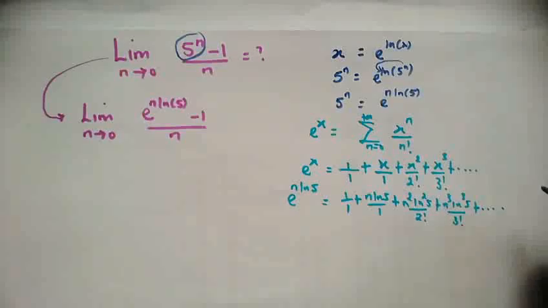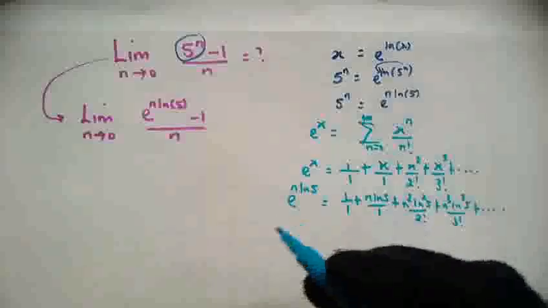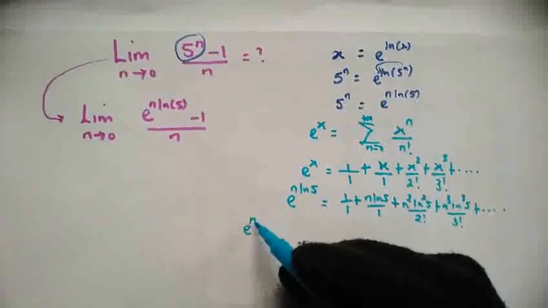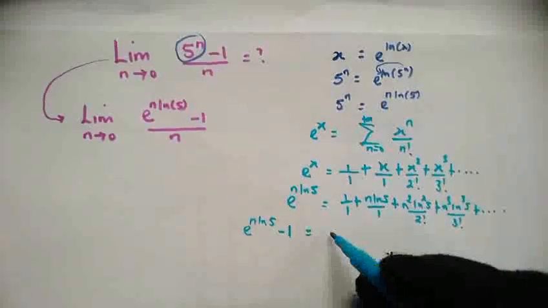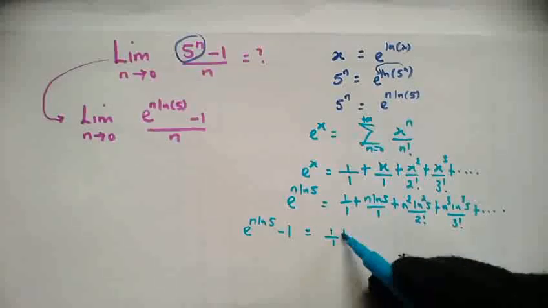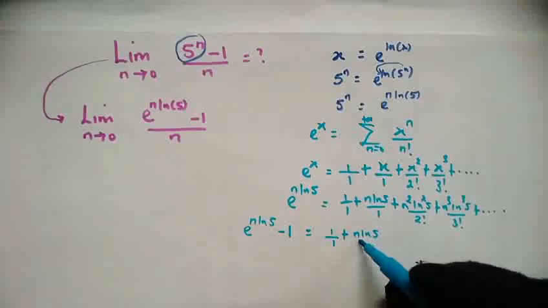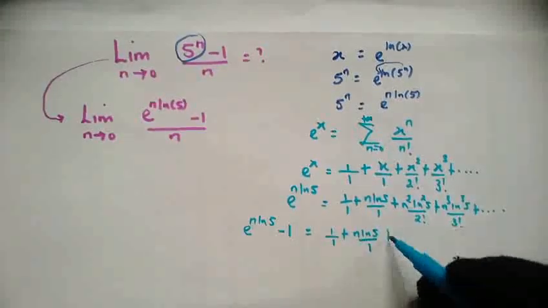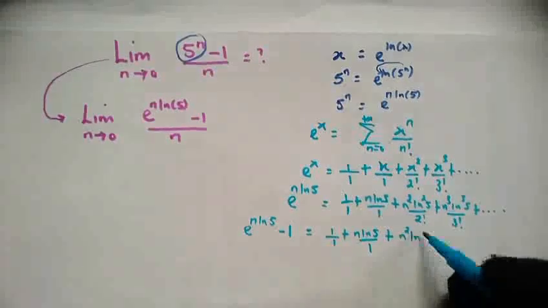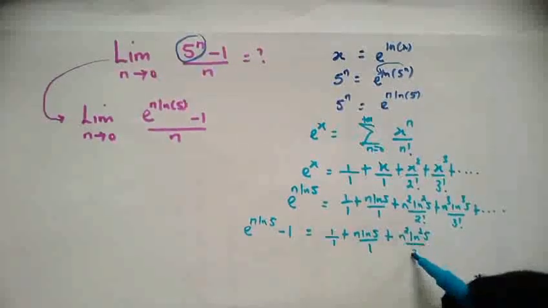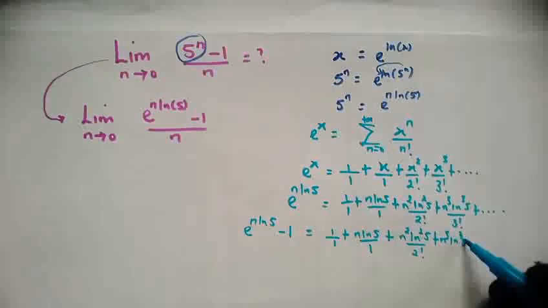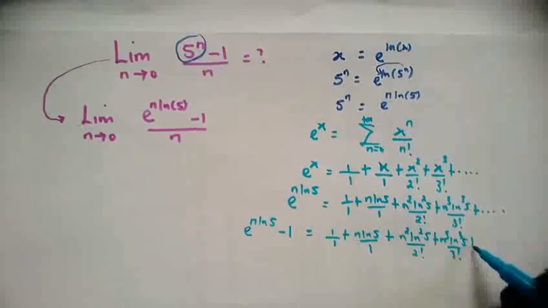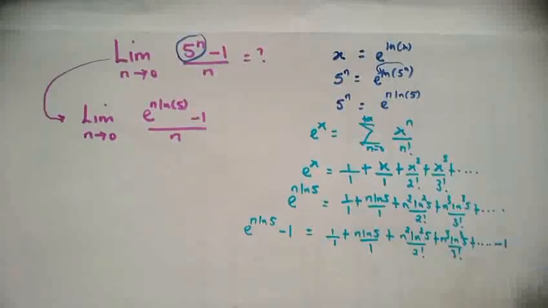Now subtracting 1 from both sides, we have e^(n ln 5) minus 1 equal to 1 plus n times the natural logarithm of 5 plus n squared times the natural logarithm of 5 squared over 2 factorial plus n cubed times the natural logarithm of 5 cubed over 3 factorial plus and so on, then minus 1.